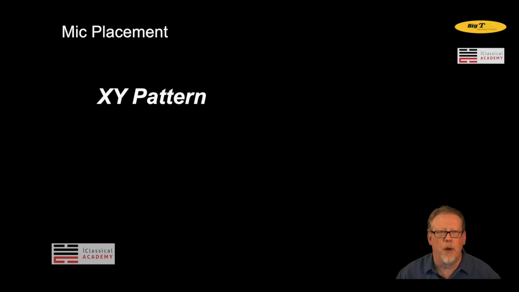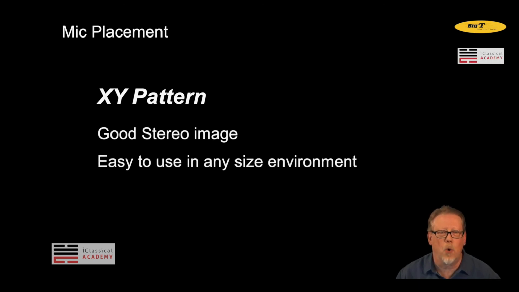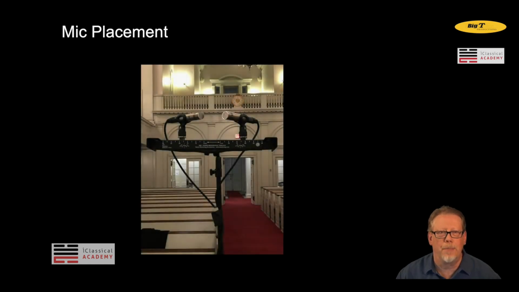The XY configuration typically gives a good stereo image and easy to use in any size recording environment. Using a stereo microphone bar makes it a bit easier for positioning and only requires 1 mic stand instead of 2.